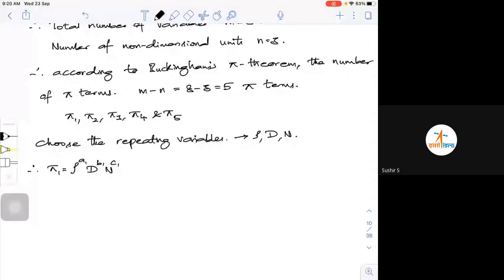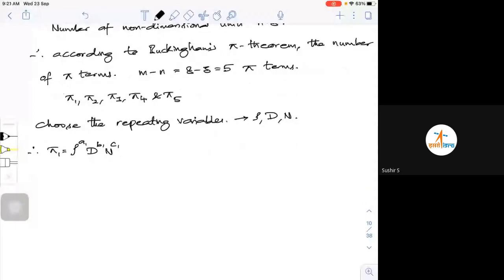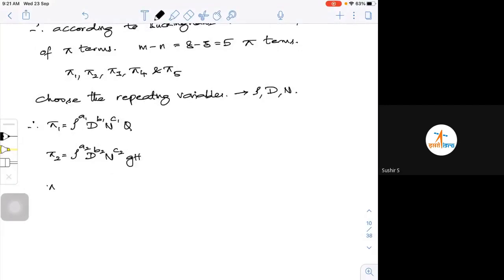Then I will take the leftover parameters one by one, that is Q. Similarly, pi 2 is rho to the power of a2, D to the power of b2, N to the power of c2, and one more variable, that is gH. Then pi 3 is rho to the power of a3, D to the power of b3, N to the power of c3, and one more variable, that is mu.